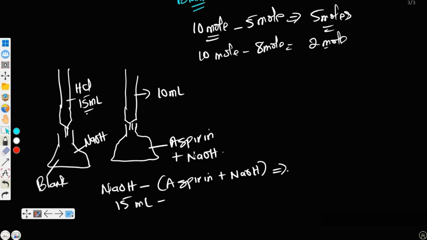Now, minus aspirin plus sodium hydroxide, what was the amount you have here? 10 mil. Are you getting it now? If you subtract 10 mil from 15 mil, what is that going to give to us? 5 mil. Now, what do you think this 5 mil represents? The 5 mil is the volume that reacted with aspirin. Are you getting it now?